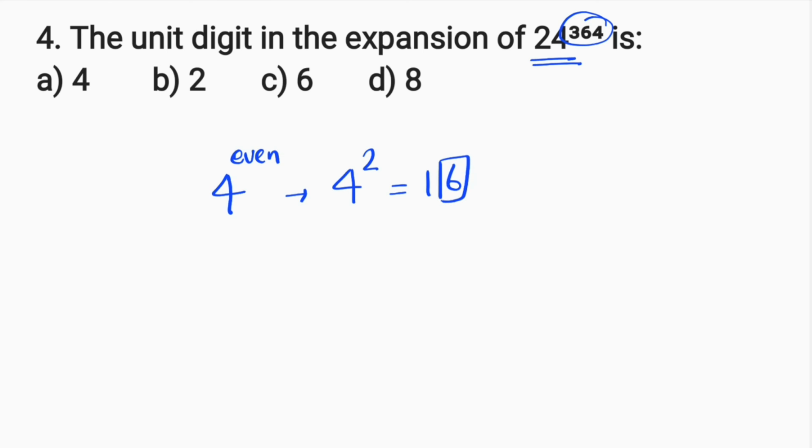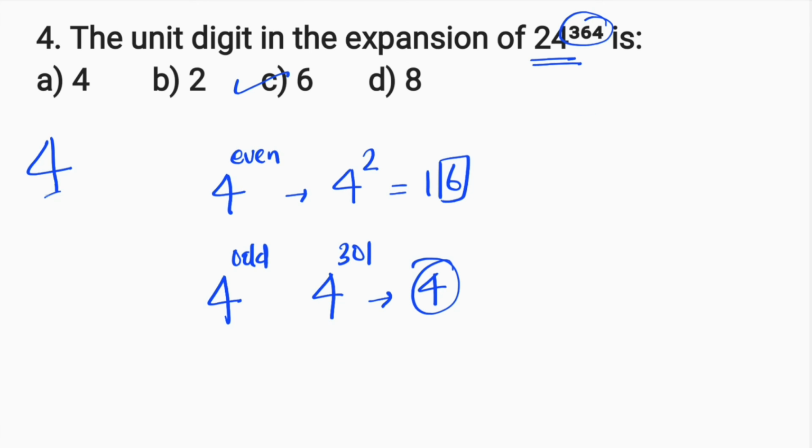Answer is 6. If we had an odd power, for example 4 raised to the power 301, the answer would have been the same. So keep in mind, when we have odd power, it is the same. When we have even power, we square it. But this rule we apply only when we have 4 and 9.